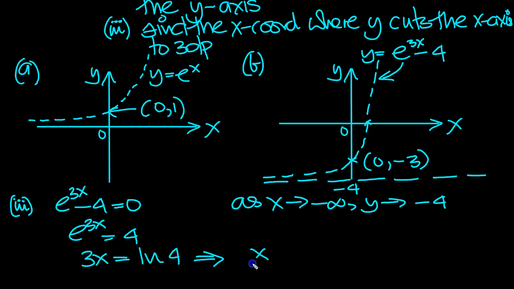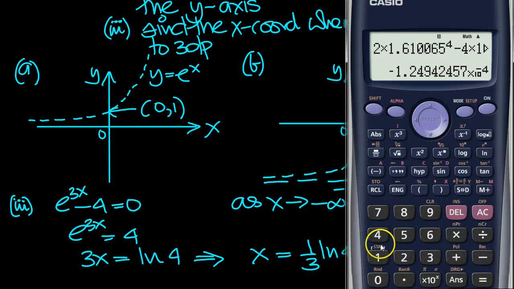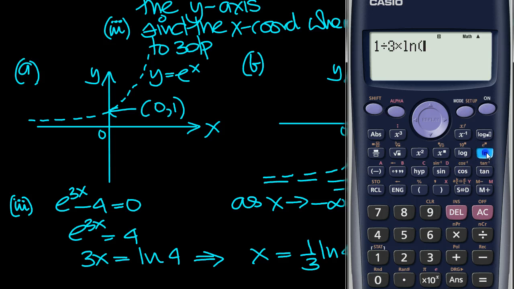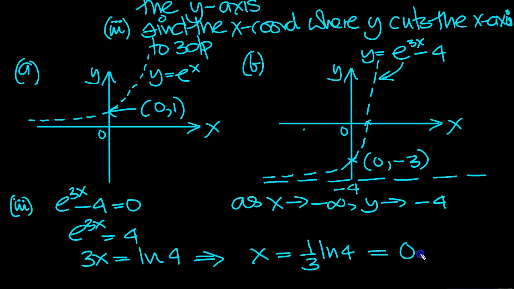So x will equal, move the 3 from times to divide, a third ln 4. We need to work this out to 3 decimal places. So it's 1 divided by 3 times the natural logarithm of 4, which is 0.462, to 3 decimal places.